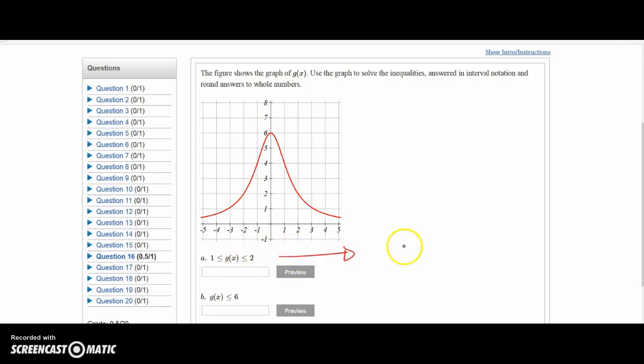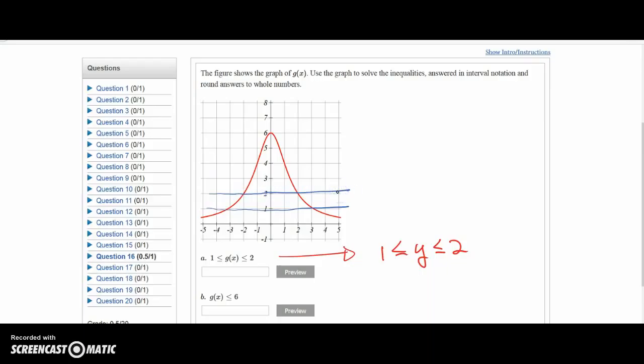So this is basically saying when are the y values of this graph between 1 and 2. So all I'm worried about is when are the y values trapped between 1 and 2. If I go focus on the graph where that might happen, it looks like I'll be looking at 1 for the y value, which happens somewhere here, and then 2 for the y value, which happens somewhere there.